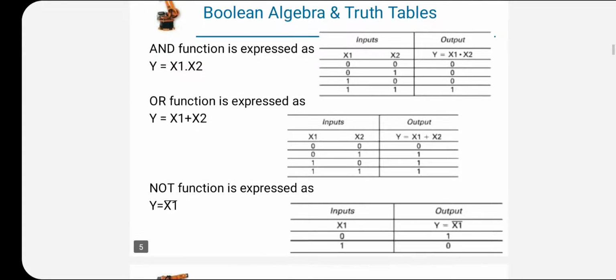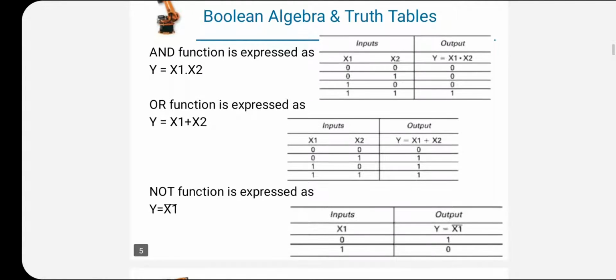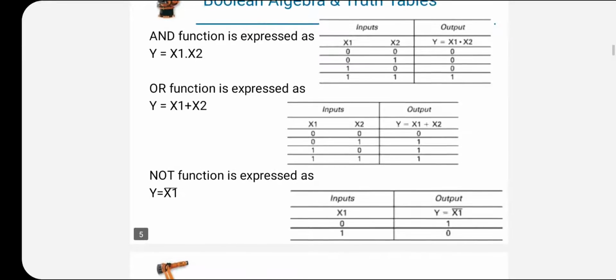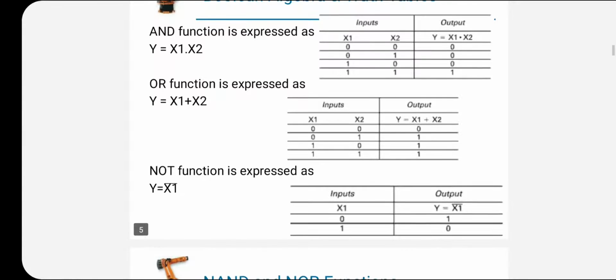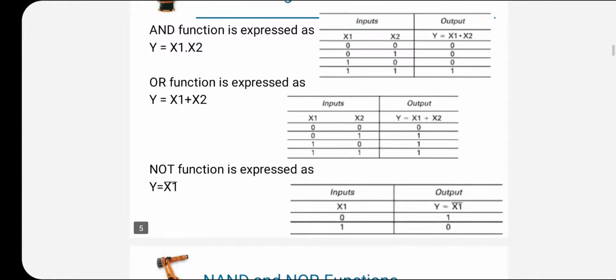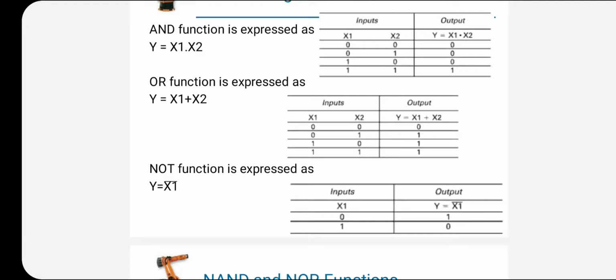Then with the example of a Boolean algebra truth table, we can understand the AND function in a better manner. So for the AND function, y equals x1 x2, the product of x1 and x2. Let x1 values be 0 0 1 1 and x2 values 0 1 0 1. If both are 0, then y equals 0.